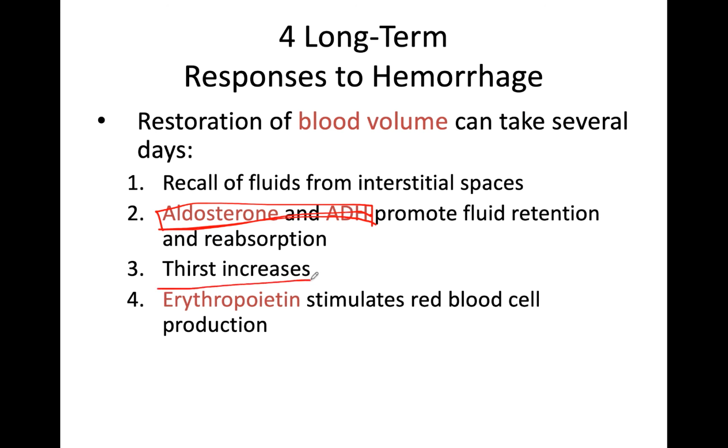You're going to start feeling very thirsty, and you're going to start secreting a hormone called erythropoietin. This hormone stimulates red blood cell production. This is in hopes of making sure you have enough red blood cells to hold on to whatever oxygen you're able to get into the blood. Again, that oxygen is necessary so that your tissues don't start dying out.